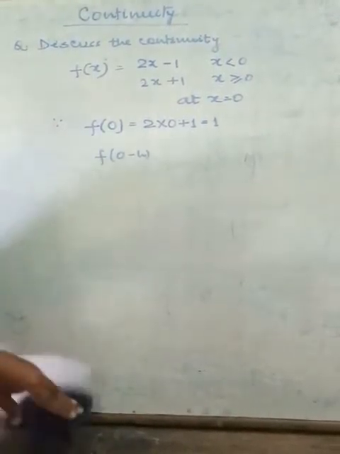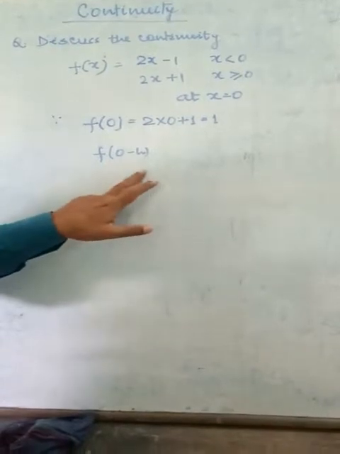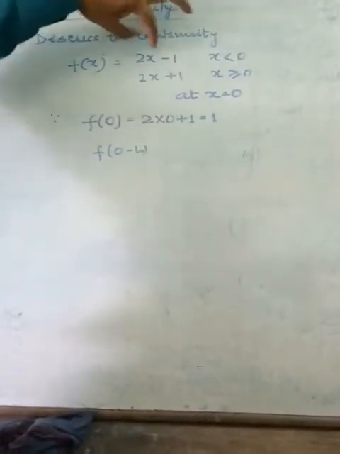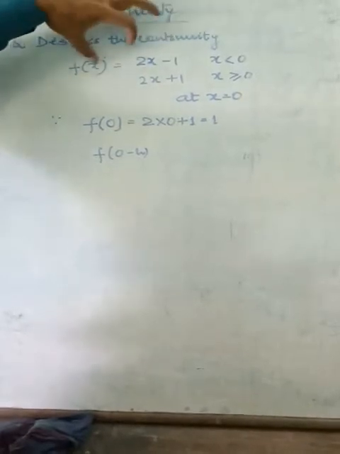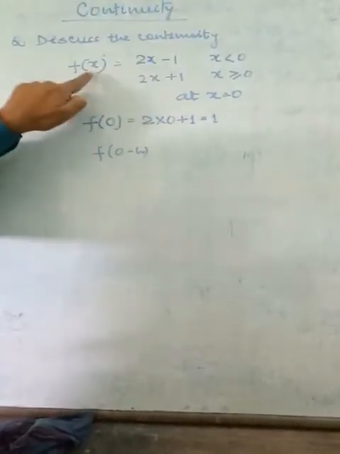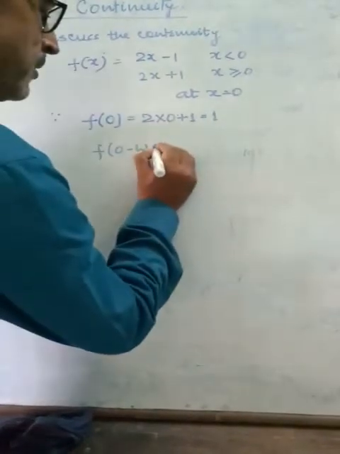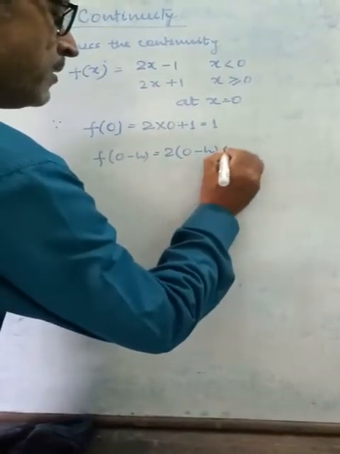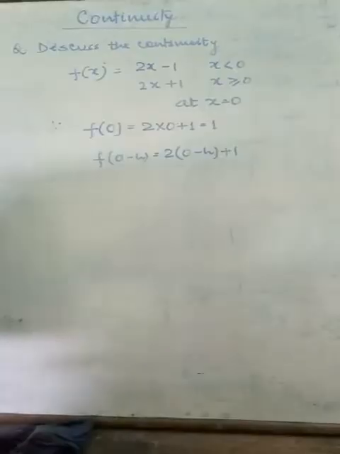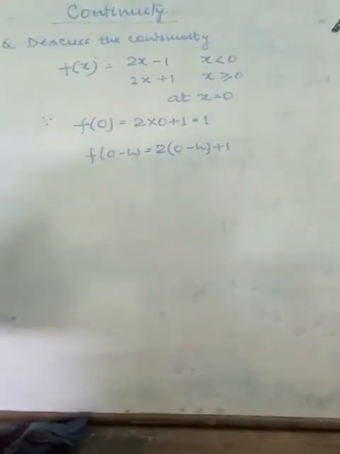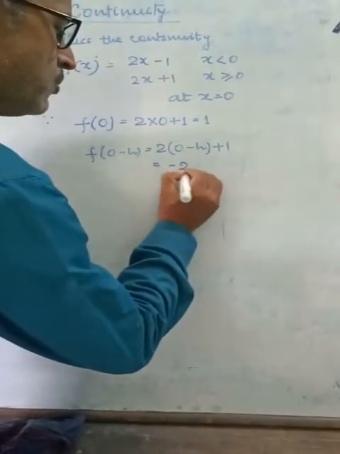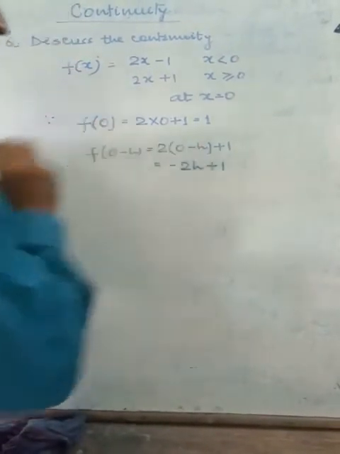So replace x by 0 minus h in 2x minus 1... so it should be 2 into (0 minus h) plus 1, that is 0 minus 2h plus 1.